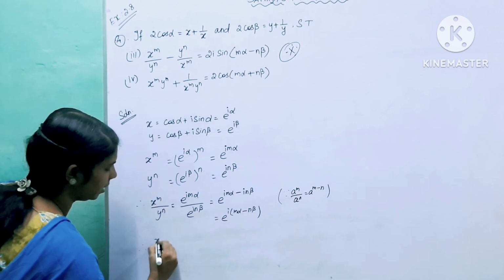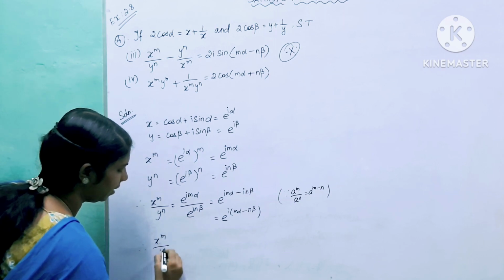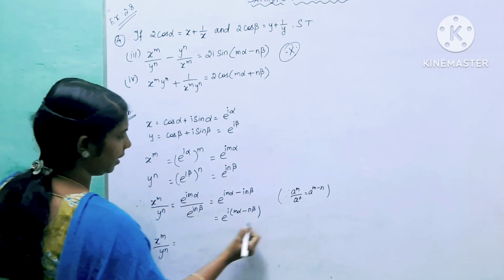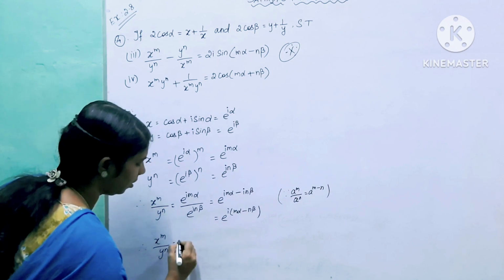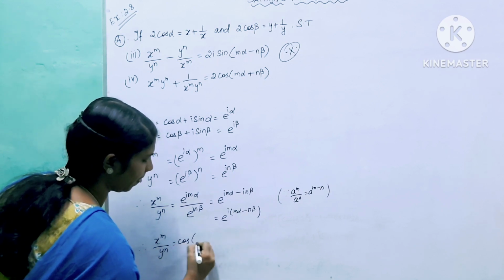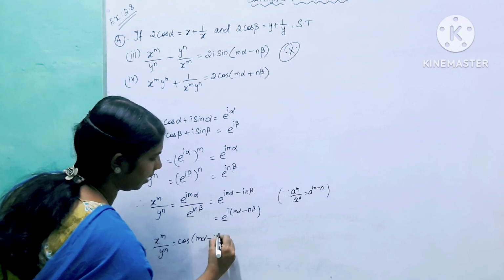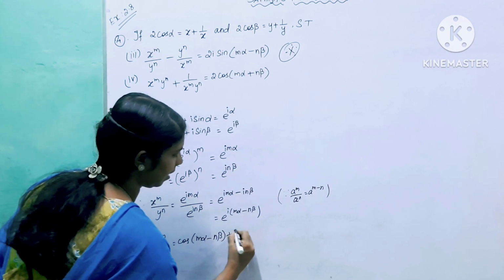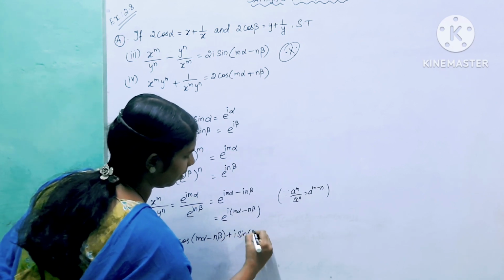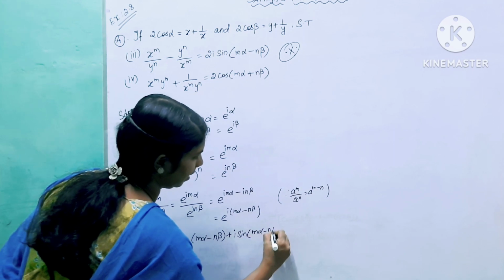So therefore x power m by y power n, this e power we need to write using the cos and sin formula. How do we write it: cos of m alpha minus n beta plus I sin m alpha minus n beta.